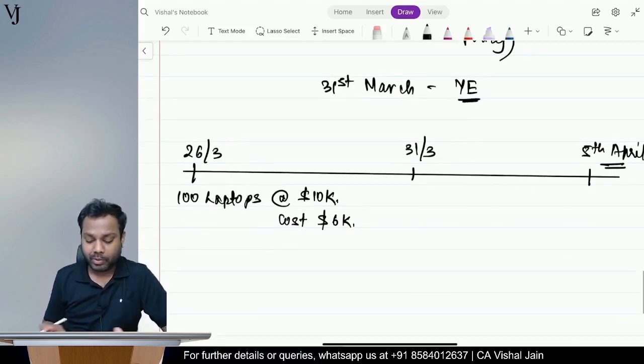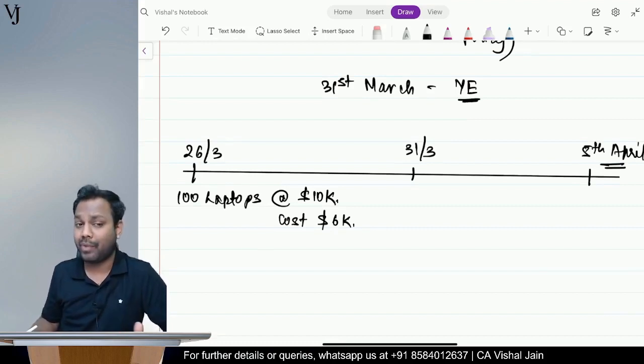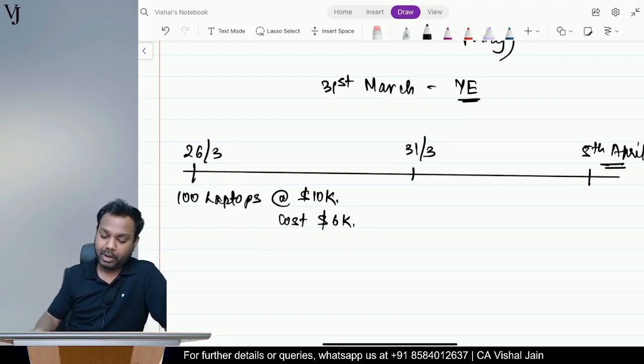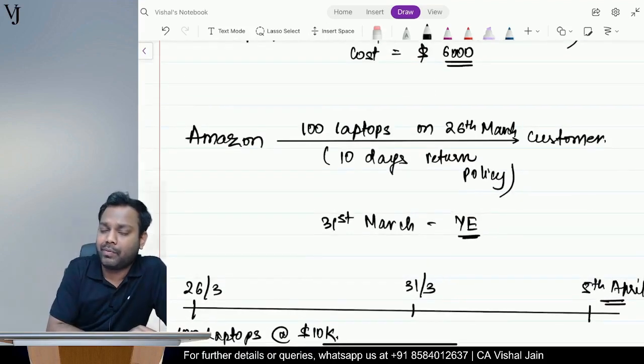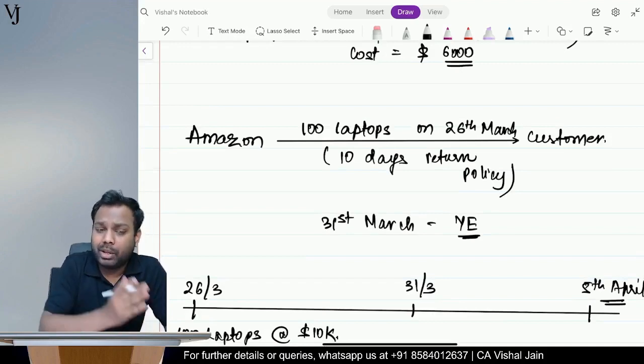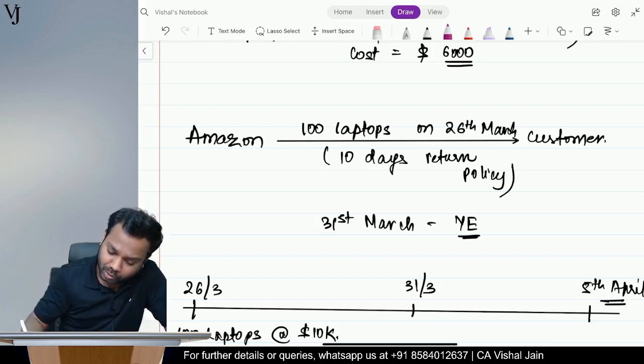Now comes the question. What is the amount of revenue that Amazon will recognize, and when and how? Whenever any entity sells products with a return policy, it knows based on past history how many laptops will be returned. Let's suppose Amazon knows that 10% of laptops will be returned.